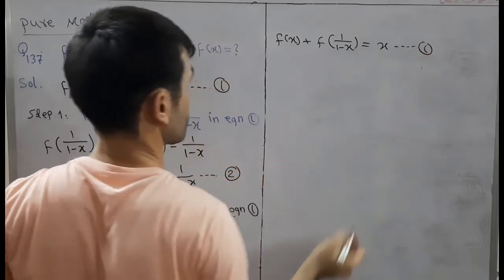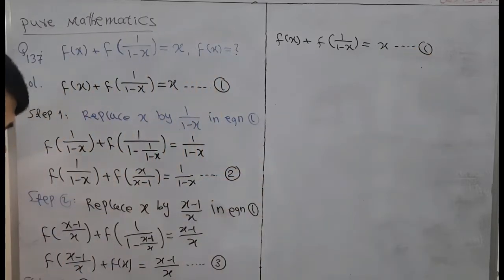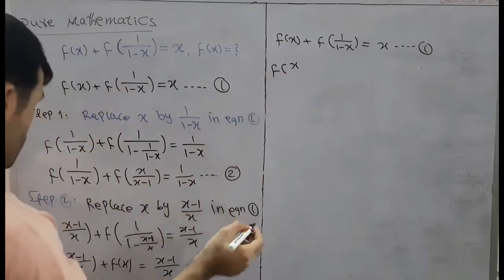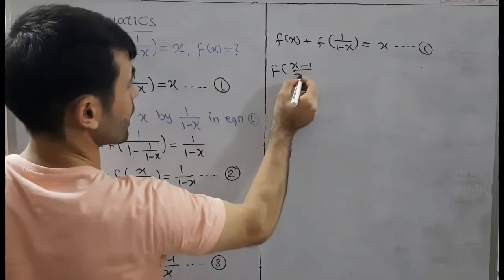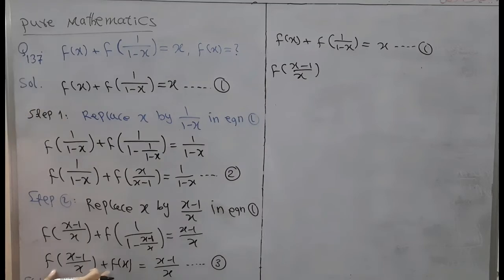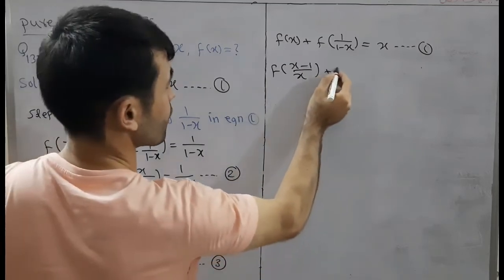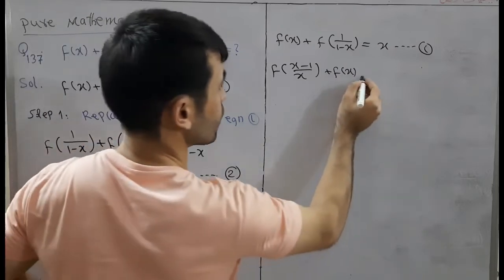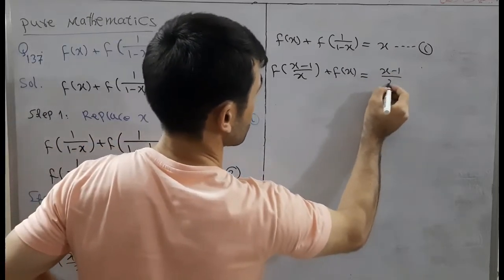Equation 2. Equation 3: f of x minus 1 over x plus f of x is equal to x minus 1 over x.